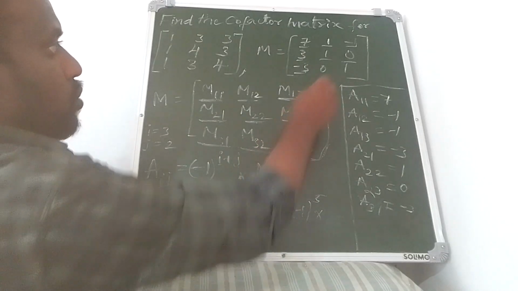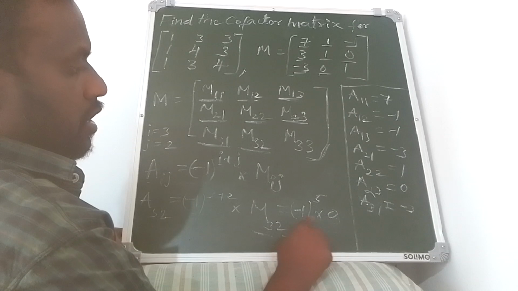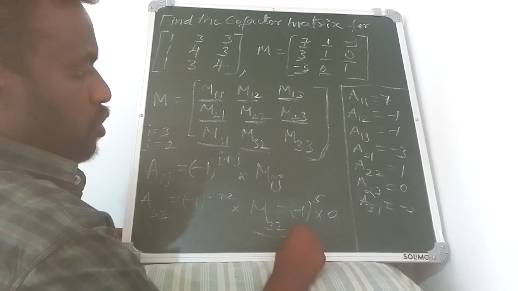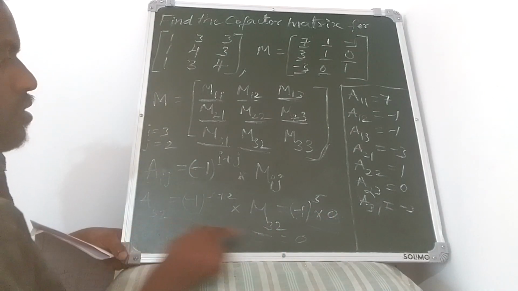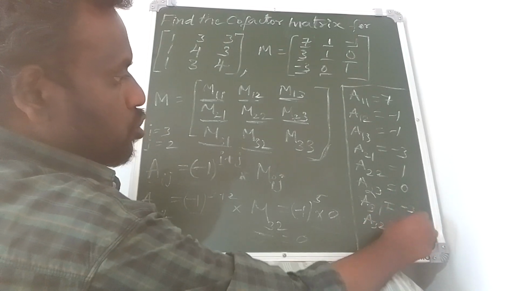In place of m32 we have 0. Now anything multiplied by 0 will be 0. So a32 is equal to 0.